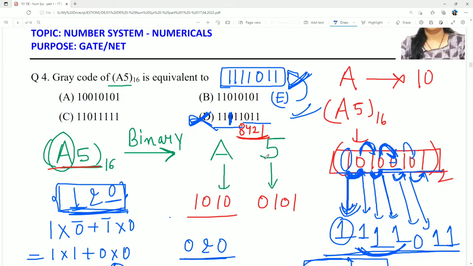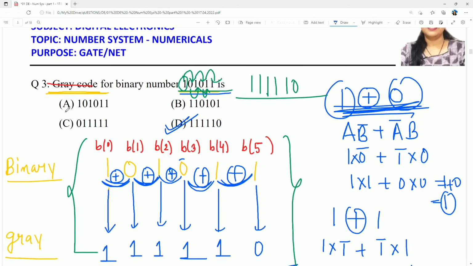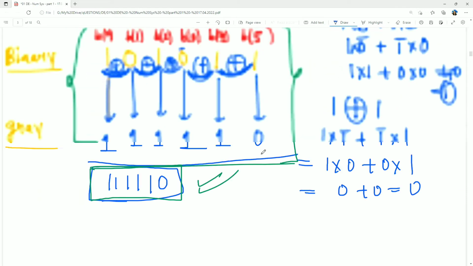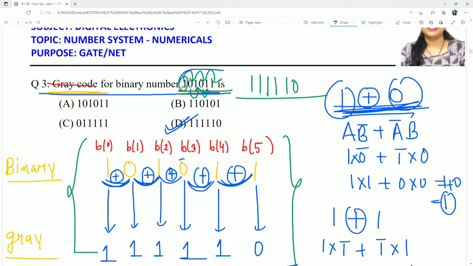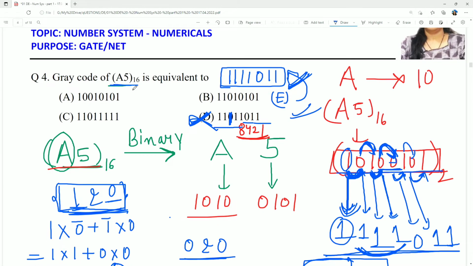Fine. So you can see that the 3rd question and 4th question both are coming from the same concept. Only the thing is that in this question the binary form is already given, while in this question firstly you need to find the binary representation of a given hexadecimal number. So here you must have an idea about how we can convert the hexadecimal number system into binary.